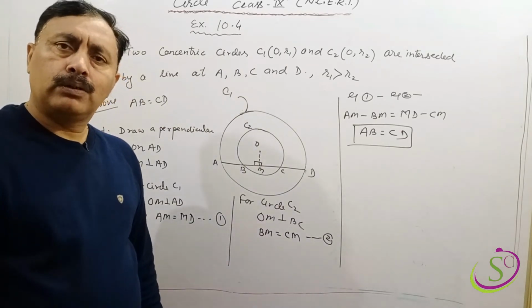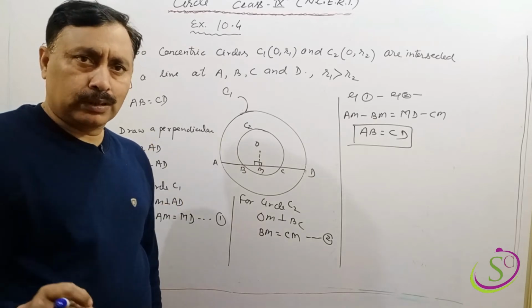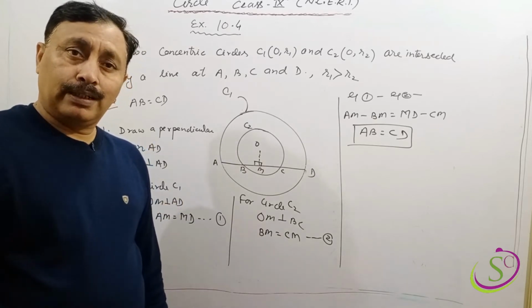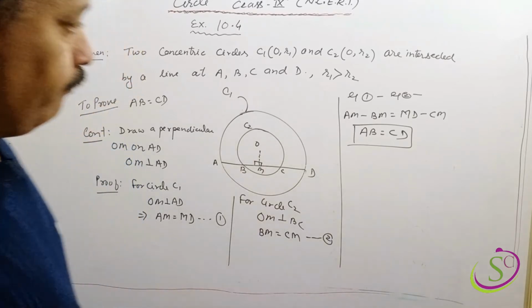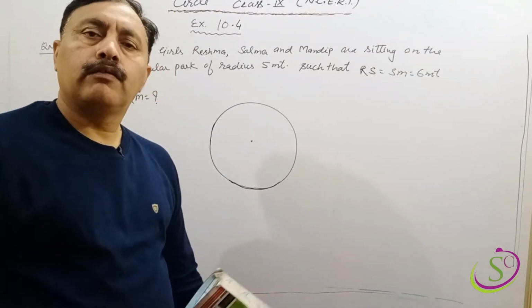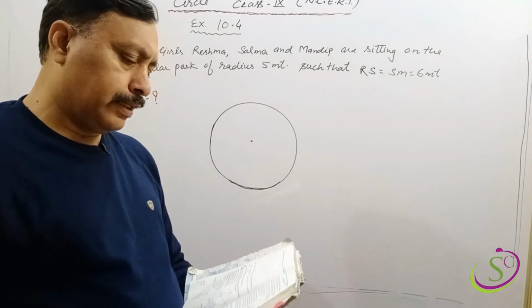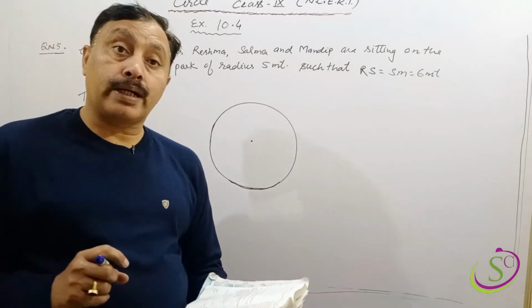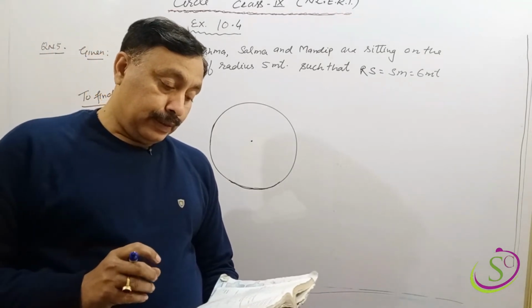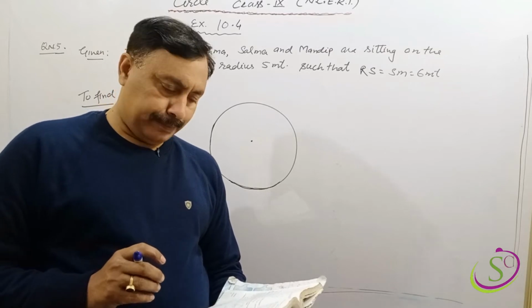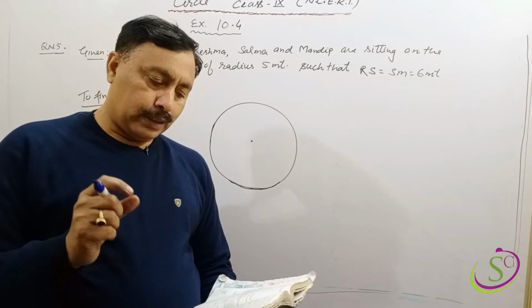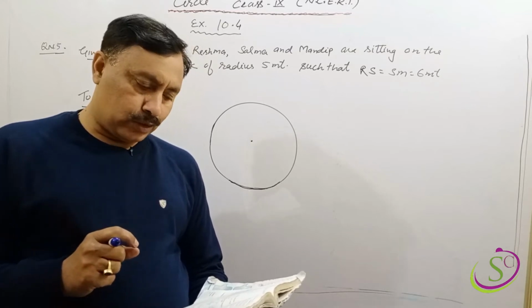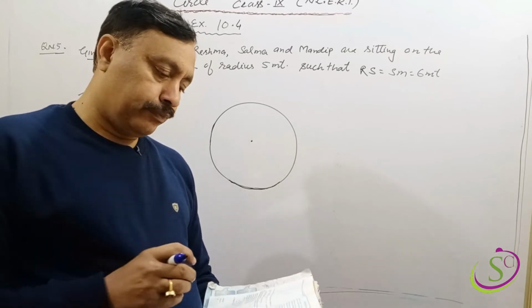You can do it. If you revise this 2 or 3 times, you will feel that these questions are nothing, just easy. Now question number 5. The fifth question is a very interesting and important question. 3 girls, Reshma, Salma and Mandeep, are playing a game by standing on a circle of radius 5 meters drawn in a park.